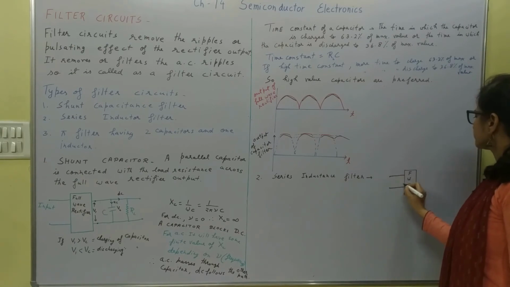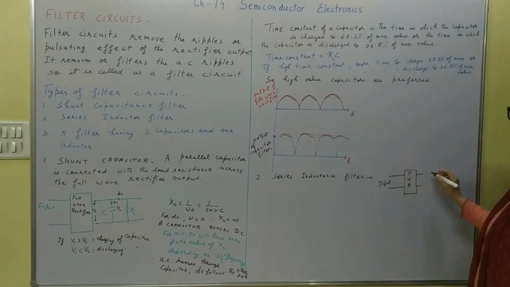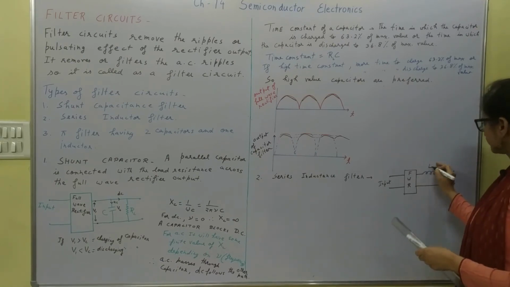This is the input. This is the output where the inductor is connected like this. This is RL and the output is taken across this.